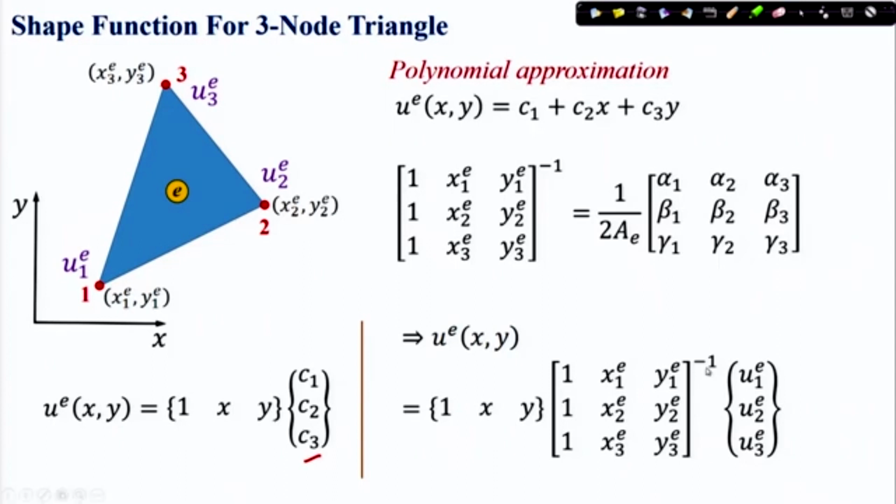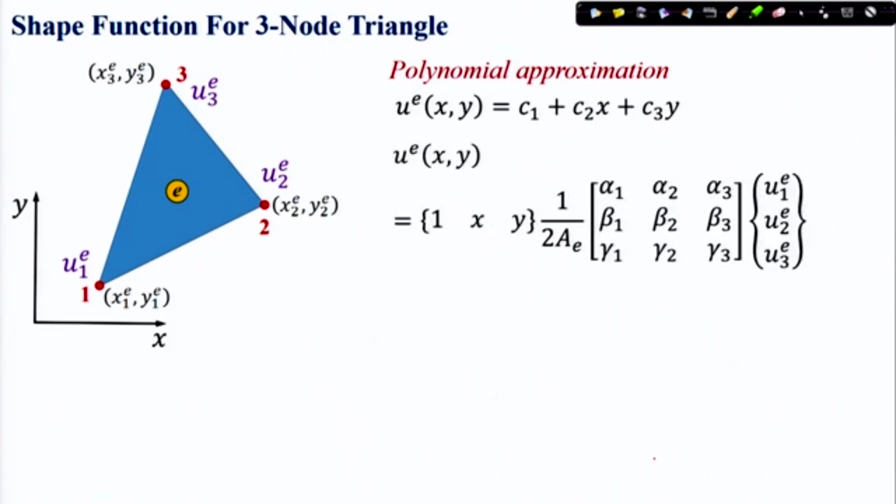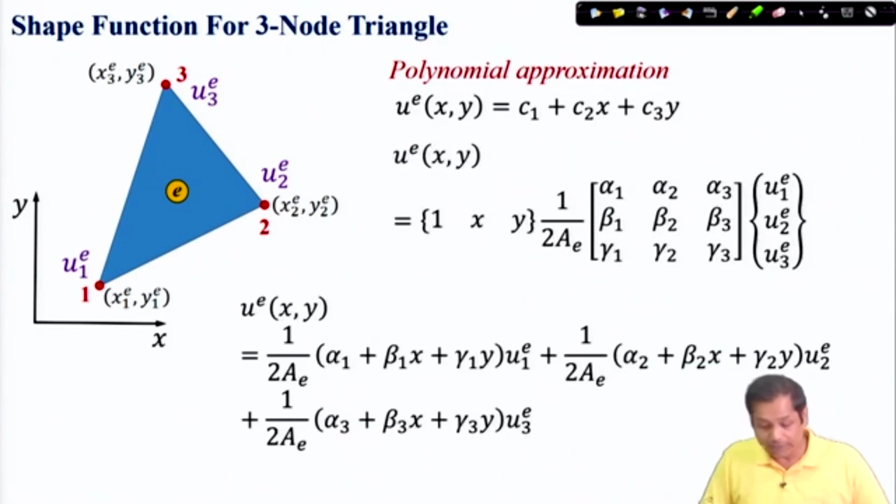Now we already know the inverse is equal to this, and if we substitute this inverse here, then this becomes this. Now we are almost done, and with some algebraic manipulation we can show that u is equal to this.